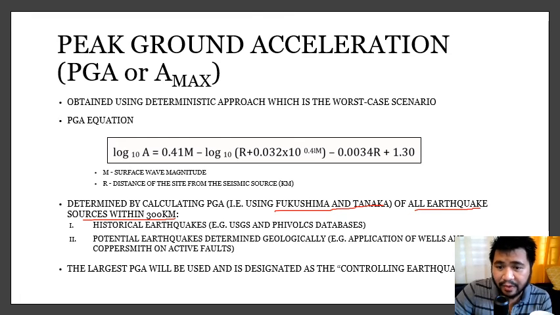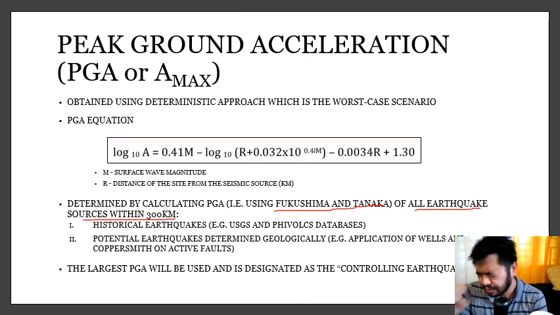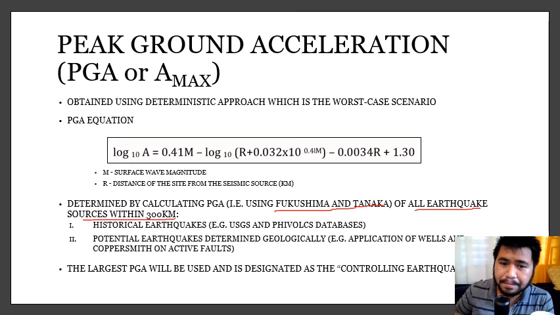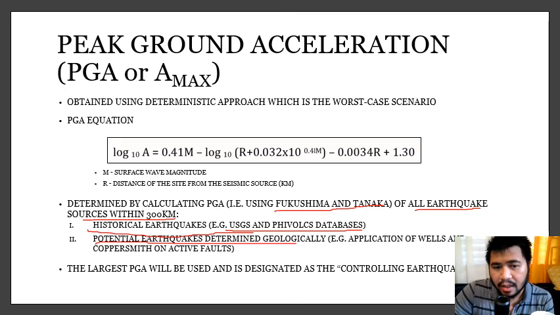If you want to be safe, you can use 300, but most of the time a 150 kilometer search radius should be enough. So you will check all the historical earthquakes. You can look at the USGS and FIVOX databases. You should also consider the potential earthquakes determined from geological studies.